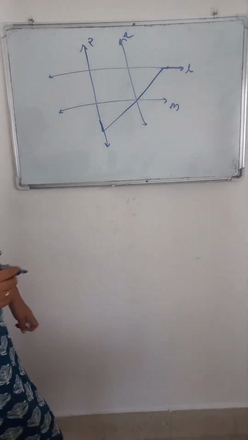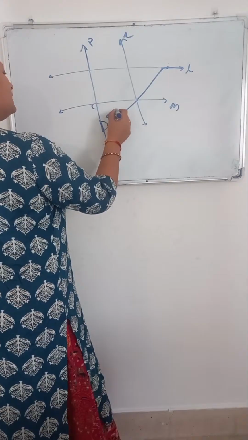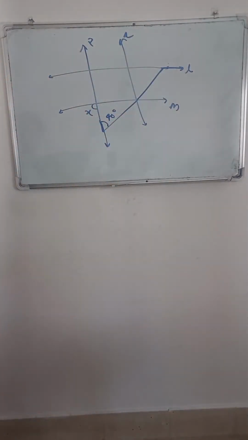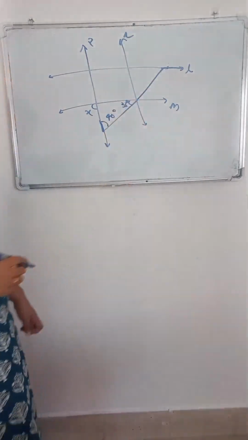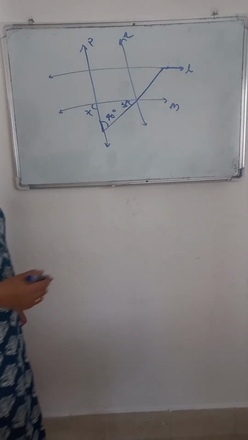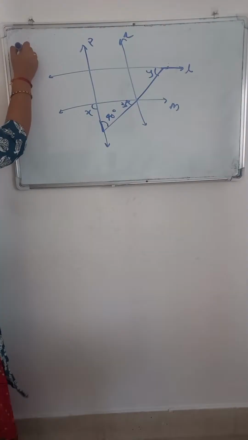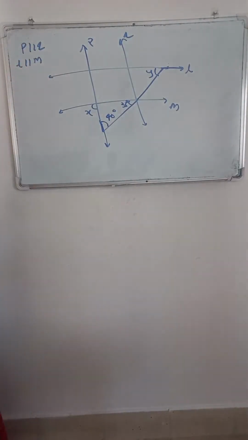So this is x, this is 40 degrees, this is 35, and this is nothing but your y.